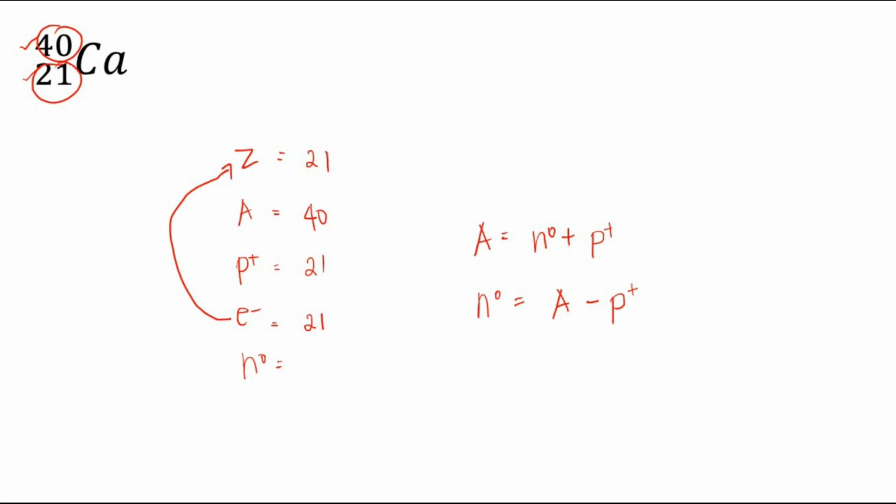So your A is 40 and you subtract 21 from that because 21 is the number of protons, and you will get 19. Therefore, the number of neutrons is 19.